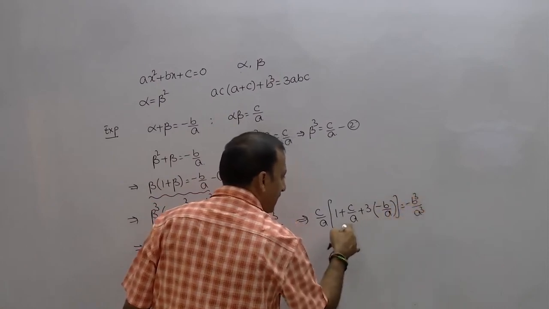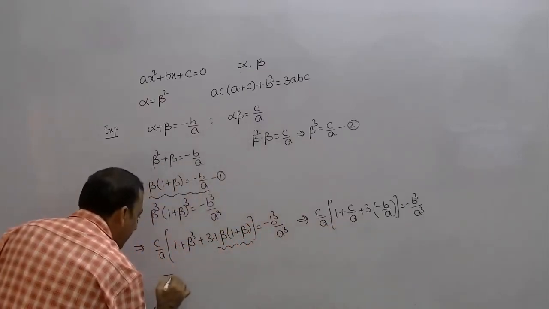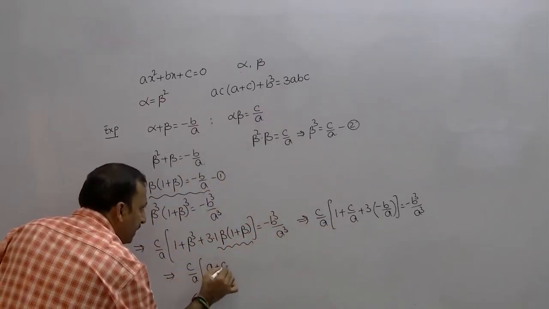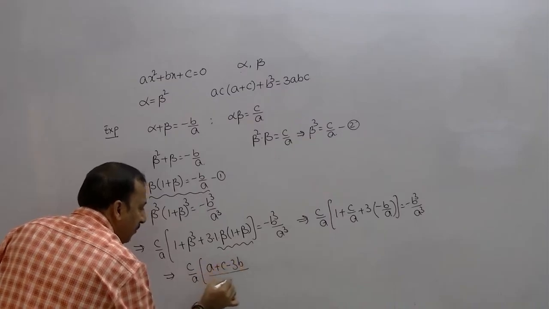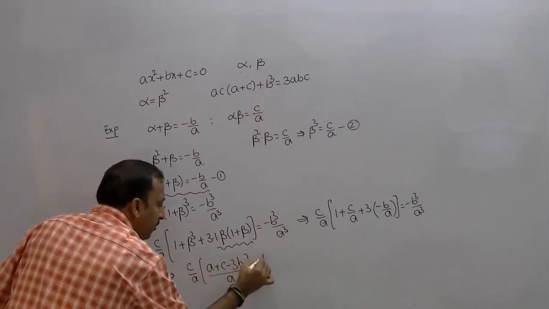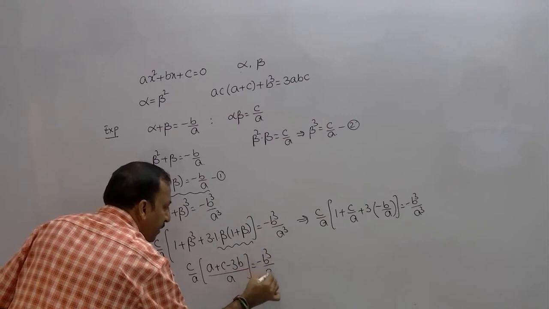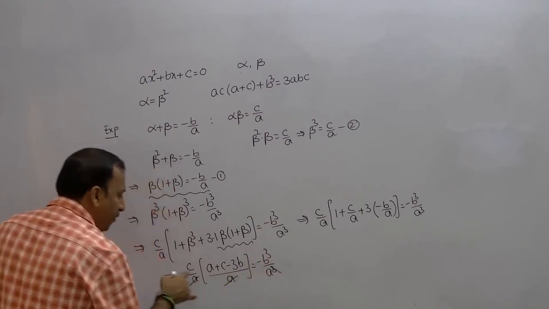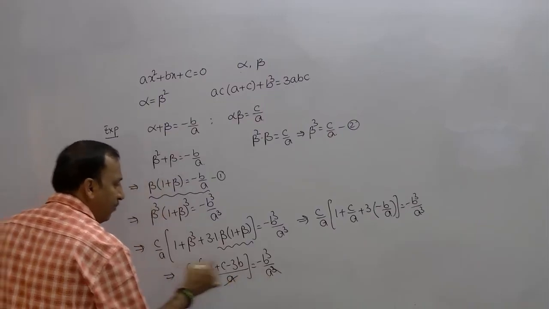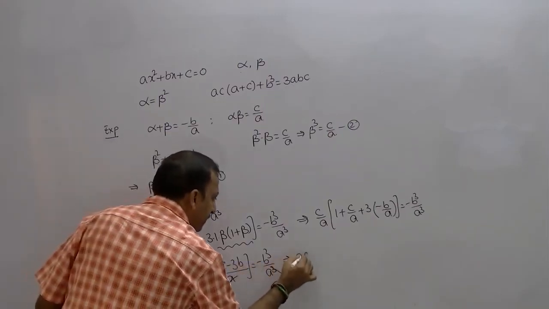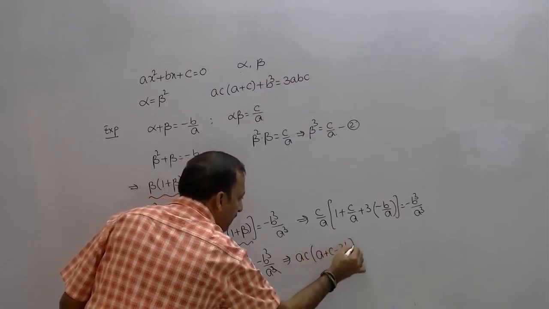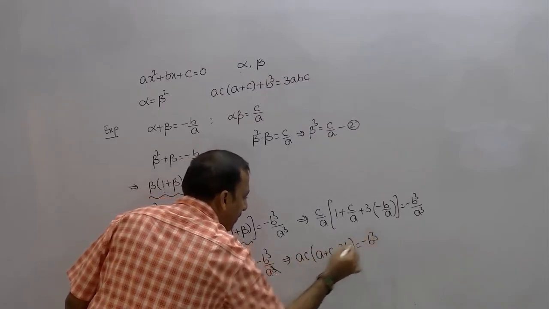If you take LCM here, then you will get c by a into (a plus c minus 3b by a) is equal to minus b cube by a cube. A into a square will get cancelled. If you cross multiply with a, what will you get? AC into (a plus c) minus 3abc is equal to minus b cube.